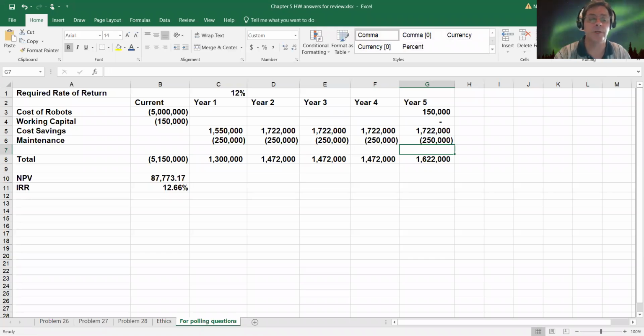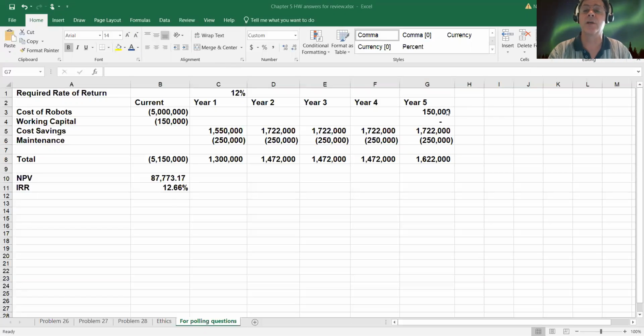Okay, everybody's voted. Says NPV would go up is half, but there's still some other folks that disagree.